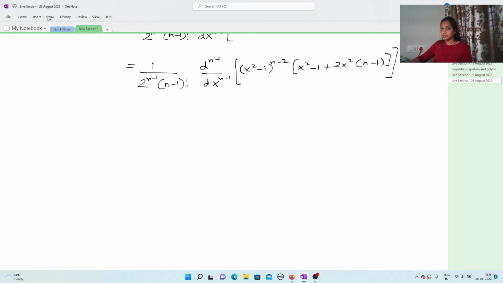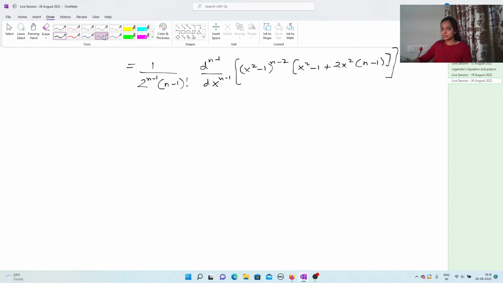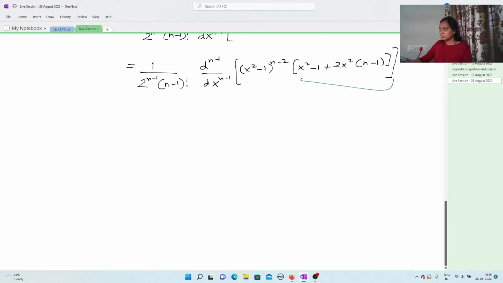Now if we just expand this term, open this term, what will it be? x square minus 1 plus 2n x square minus 2x square, right?